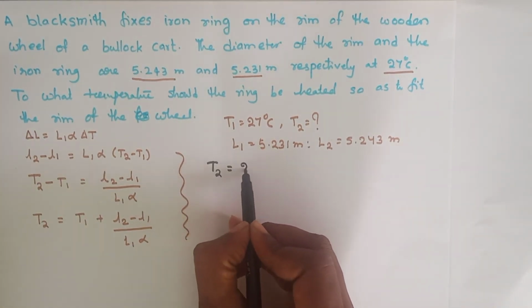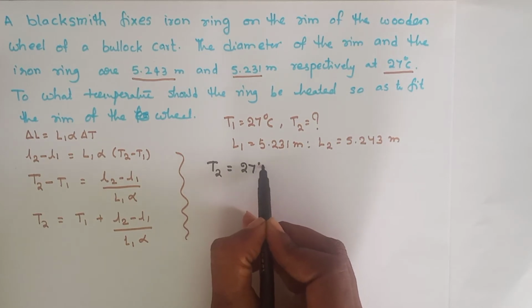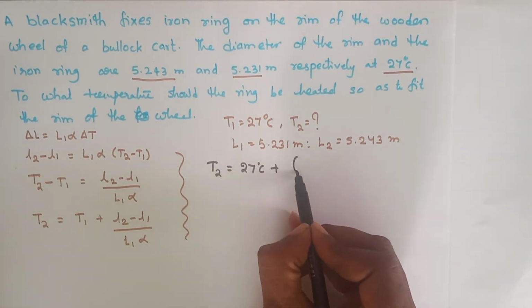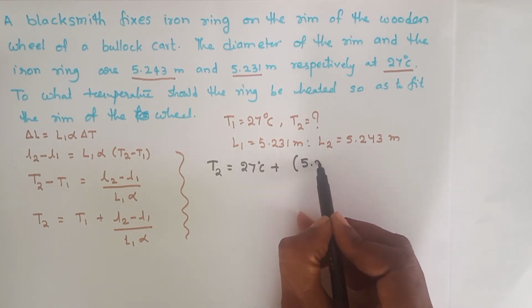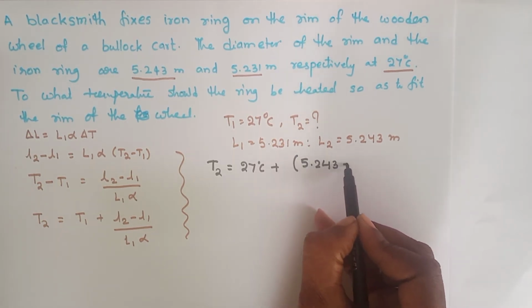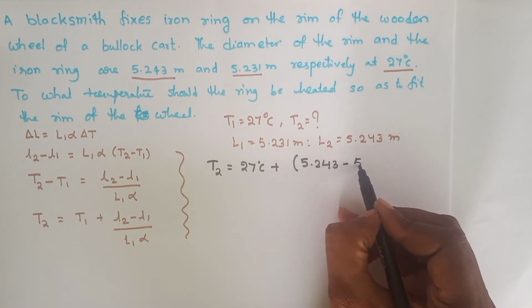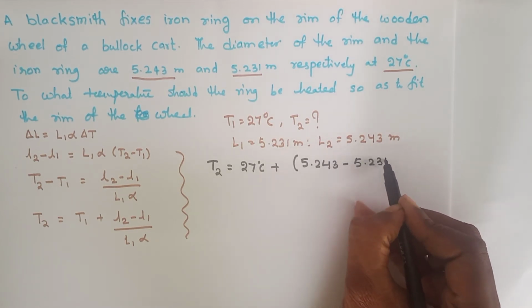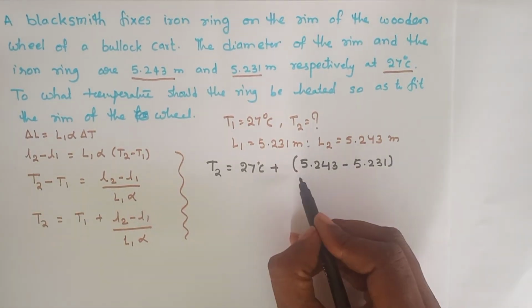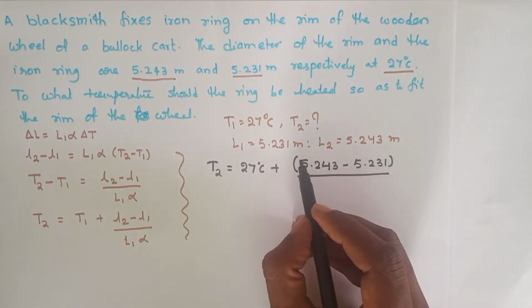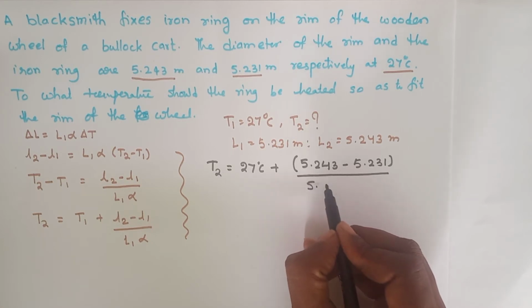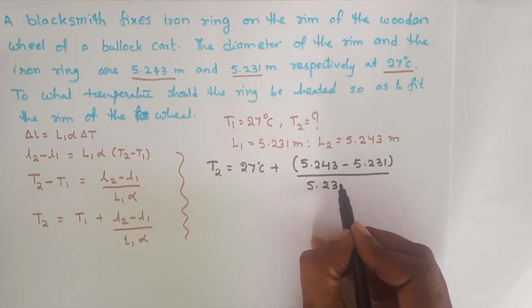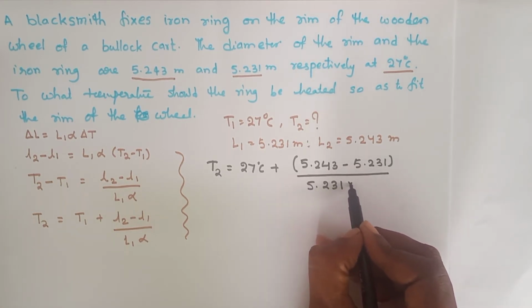T2 is equal to T1, which is 27 degrees centigrade, plus L2, 5.243, minus 5.231, by L1, 5.231. What is alpha?